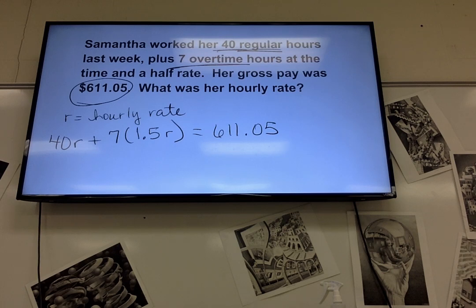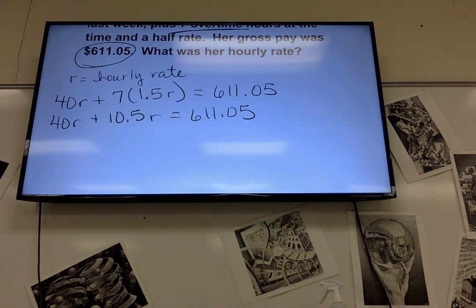Now we have an equation to solve. What would I do first to solve this equation? You multiply 1.5 R by 7. Yes. So I have 40R plus 10.5R equals 611.05. Good.